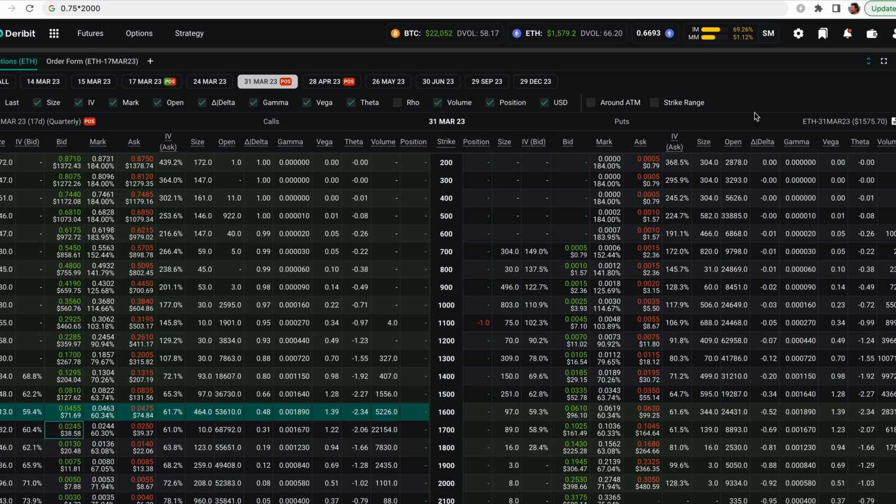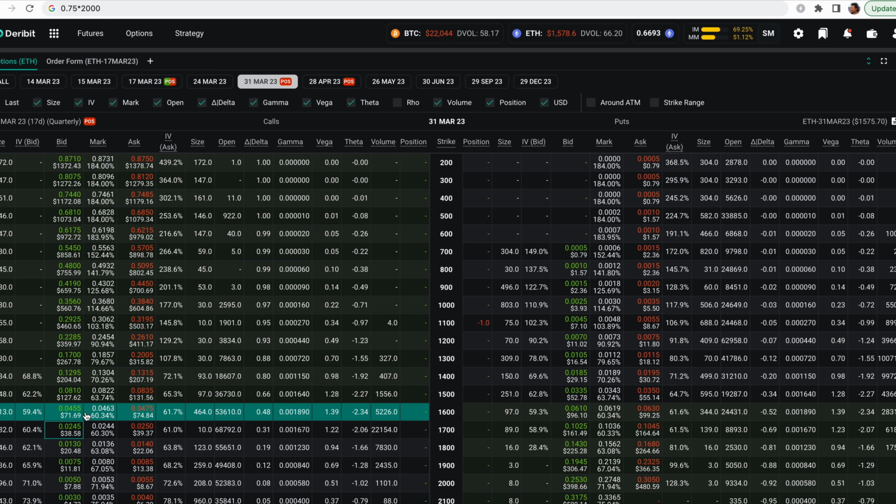Either on the expiry date, which is March 31st, these options could expire and Ethereum would trade under our strike price 1,600. Then you would simply lose the money you have invested buying this call option.